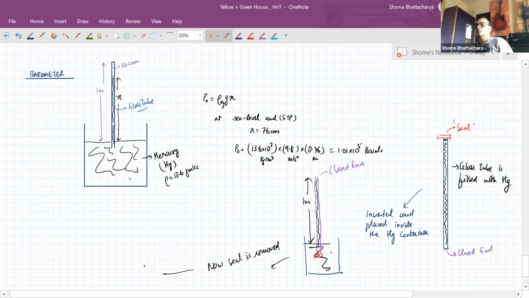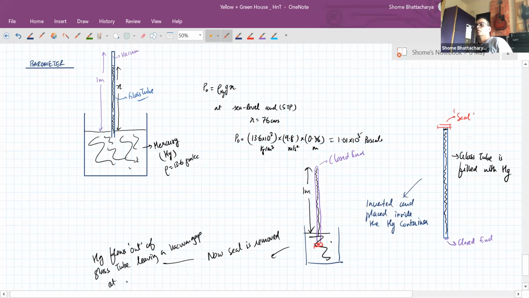So when the seal is removed, due to excess pressure, mercury comes out, leaving behind a vacuum gap on top. Okay. So mercury flows out of the tube, leaving a vacuum gap at the top till pressure is balanced.